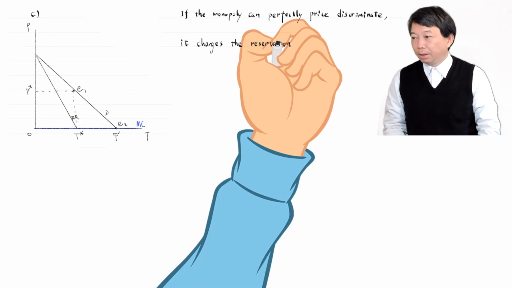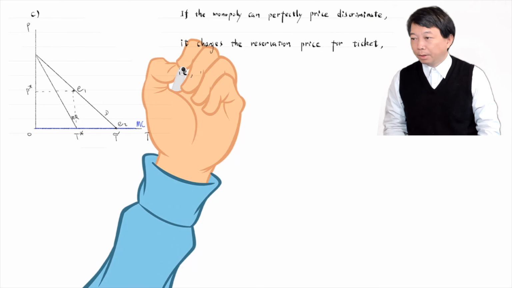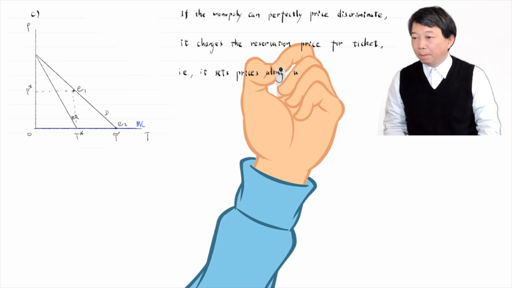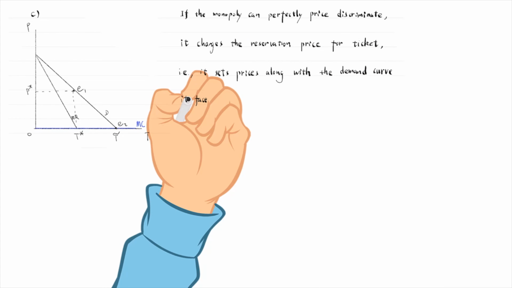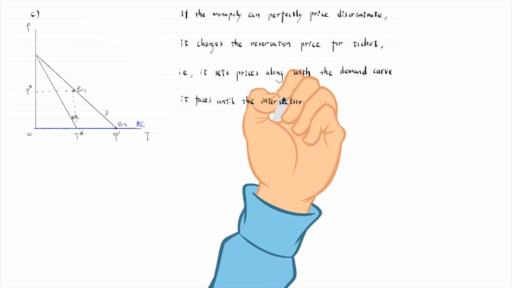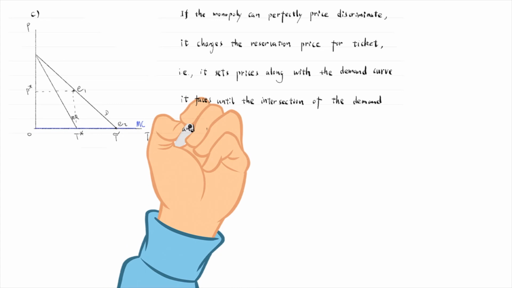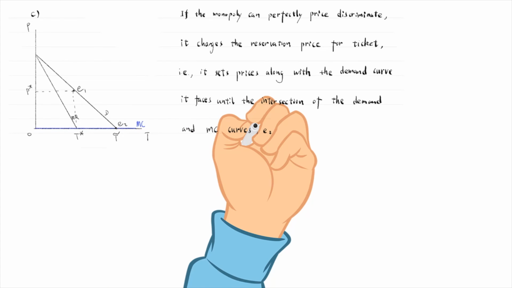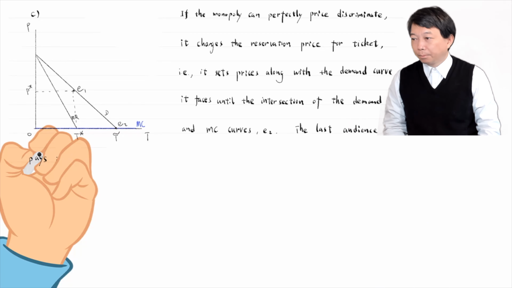That is, it sets prices along the demand curve it faces until the intersection of the demand and marginal cost curves, E2. The last audience member pays 0.